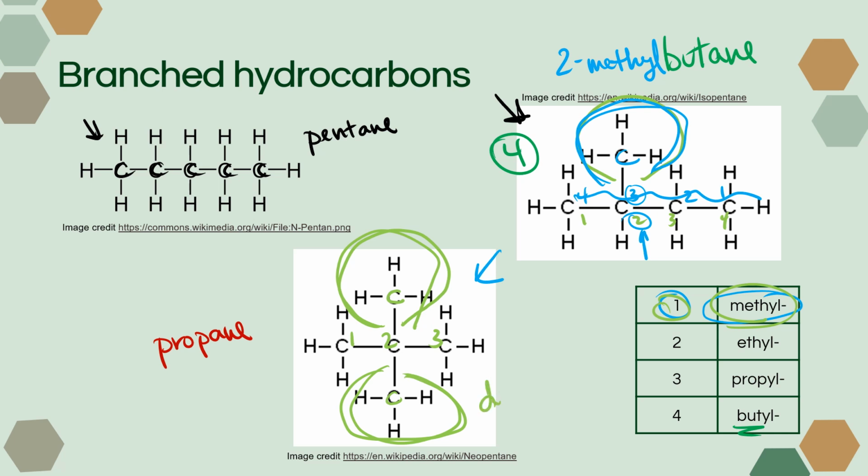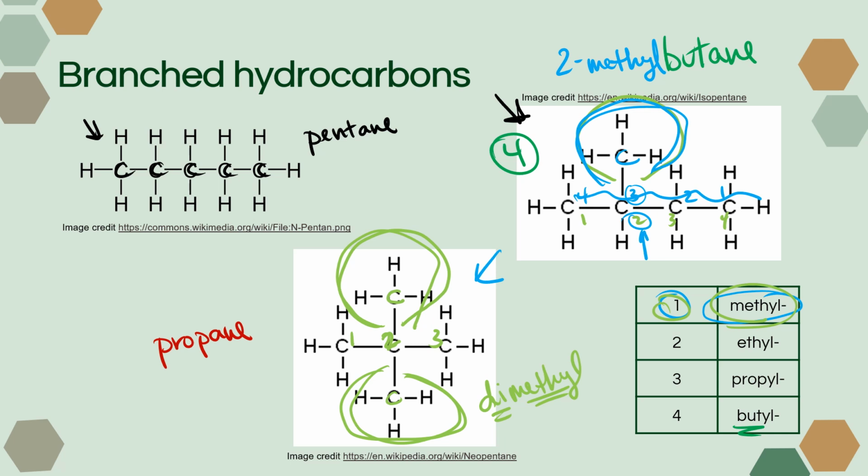That means that I have a dimethyl. Methyl groups, these branches that have 1 carbon, di because I have 2 branches. What carbon number are both of those branches on? Carbon number 2. Both of the branches are on carbon number 2, so are you ready for this magic?